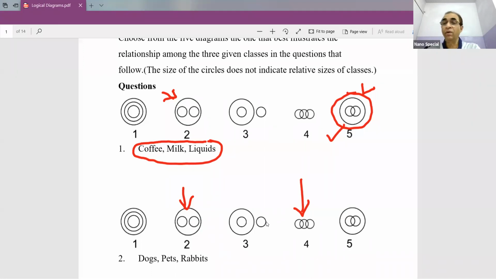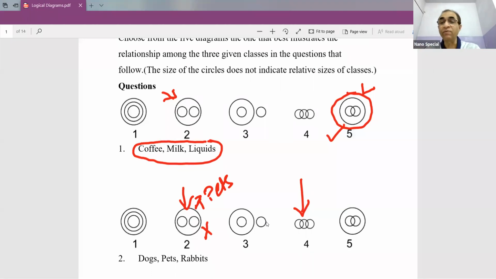There are a lot of dogs in the jungles. They're not pets. Similarly, not all rabbits are pets. So it is wrong to say that, if this represents pets, dogs and rabbits are part of the entire set called pets. So therefore, this cannot be the answer.